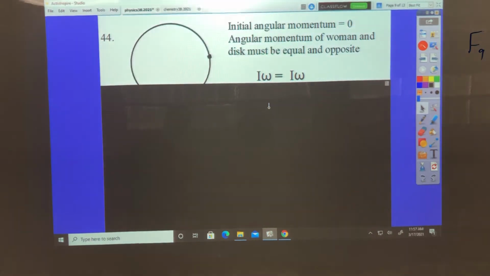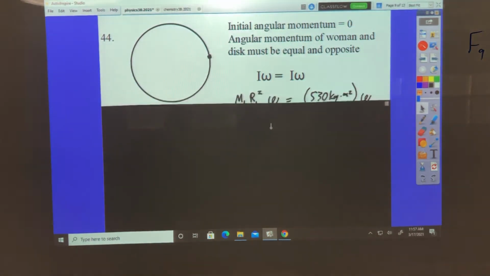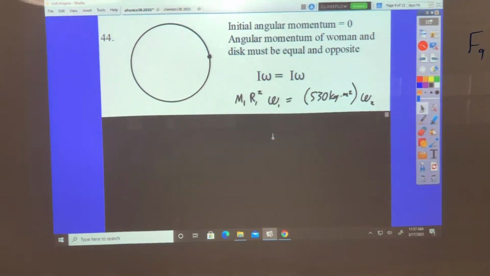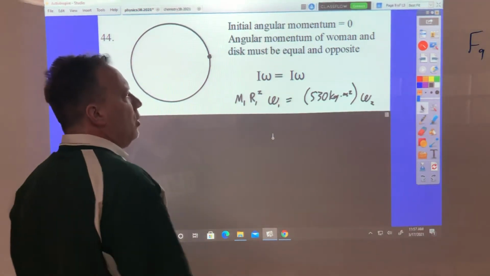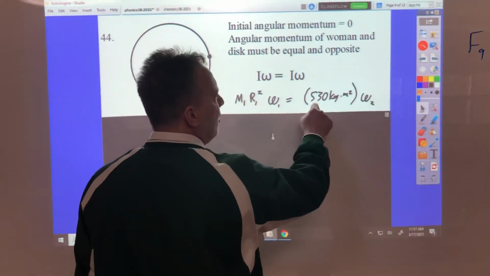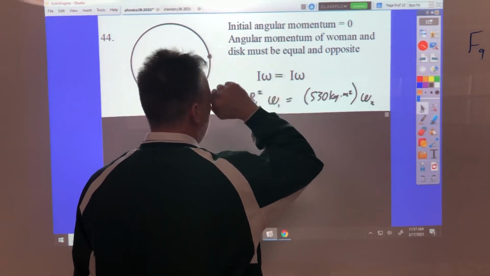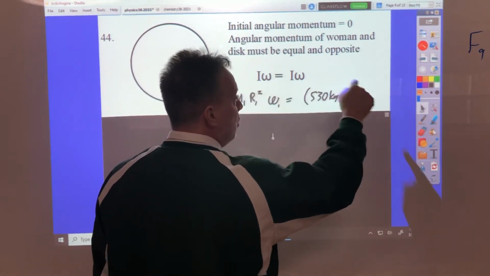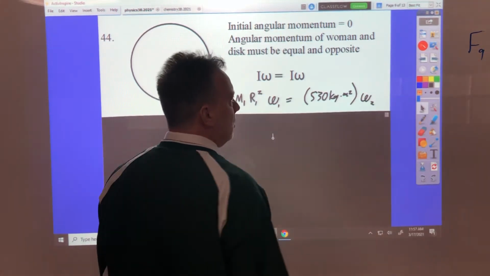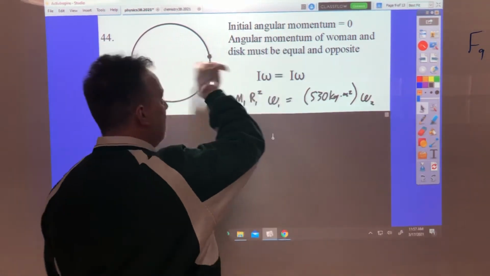Okay? So I'm going to set those equal to each other and opposite. So I for the turntable is 530 kilograms times meters squared, because we don't know that it's a disc. I got to change that. We are looking for the angular velocity of the turntable.